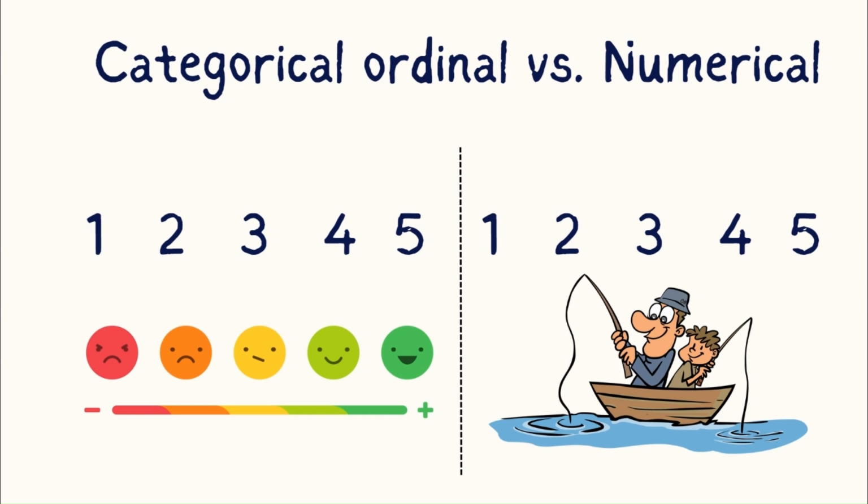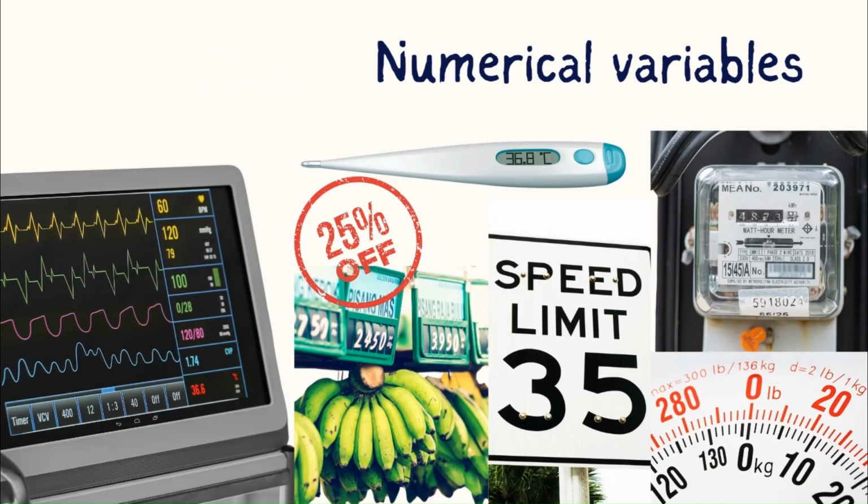Like in ratings, on a scale from 1 to 5, how satisfied are you with our products? Each number from 1 to 5 has a clear meaning and a position. Numerical variables are the price, the temperature, the weight, the heart rate, the number of square meters of an apartment. These are all real-life numerical variables.